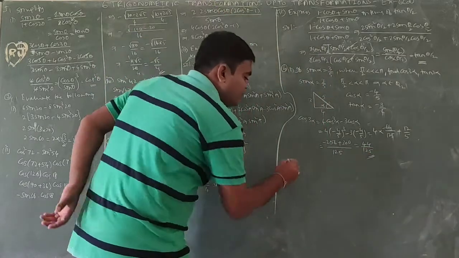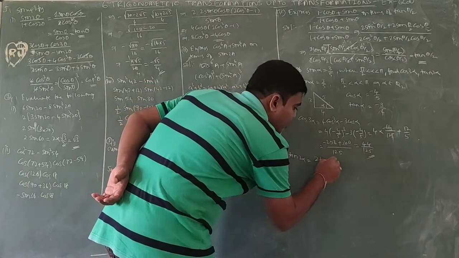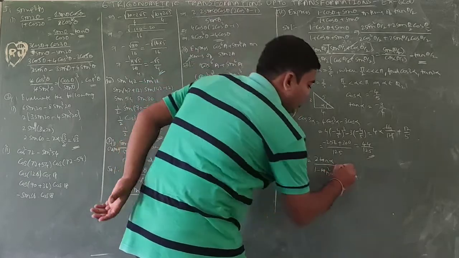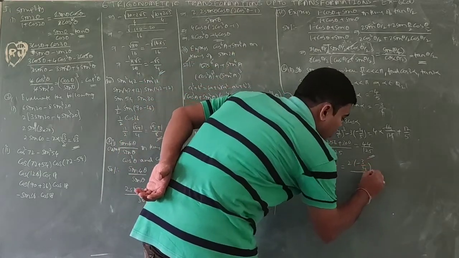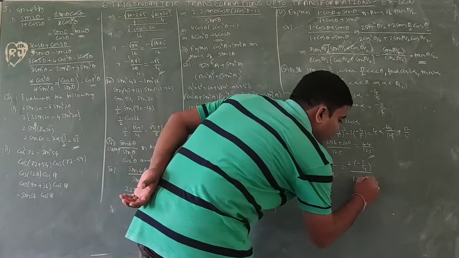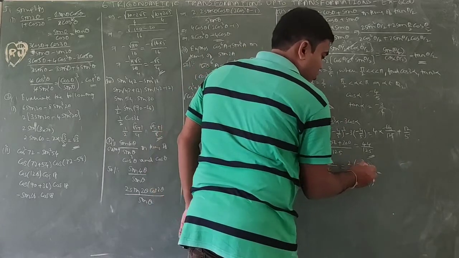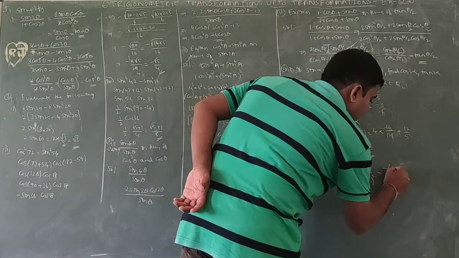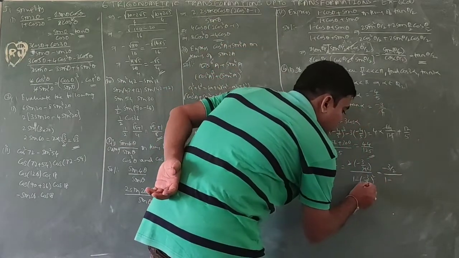Next, tan 2 alpha. Tan 2 alpha equal to 2 tan alpha by 1 minus tan square alpha. 2 into tan alpha equal to minus 3 by 4, by 1 minus 3 by 4 whole square, equal to, so 2 cancel, 2 minus 3 by 2 by 1 minus 9 by 16.